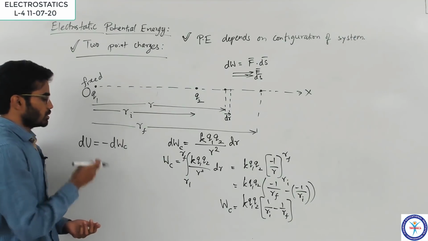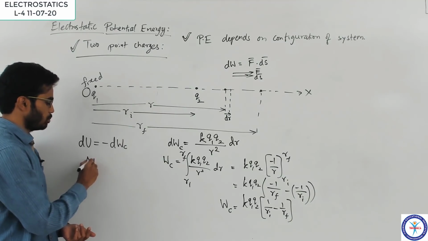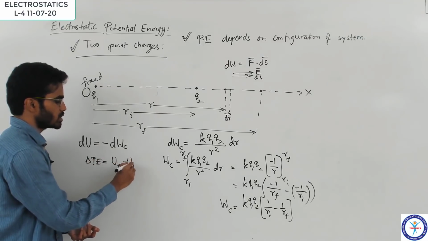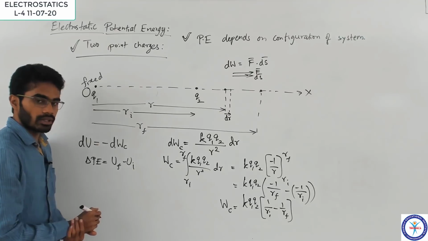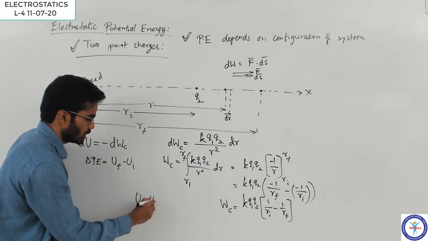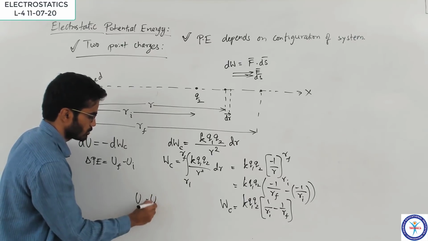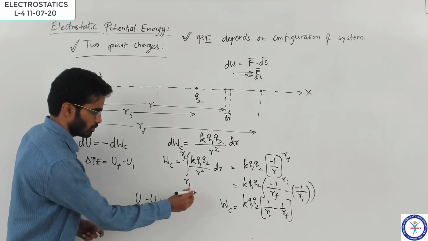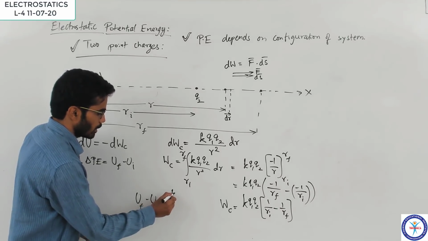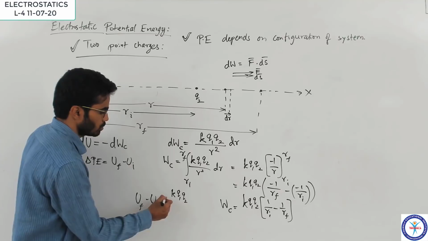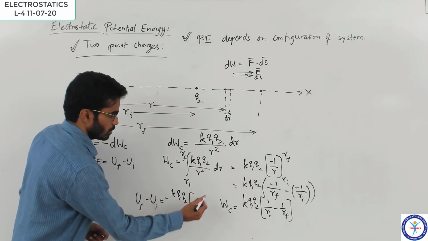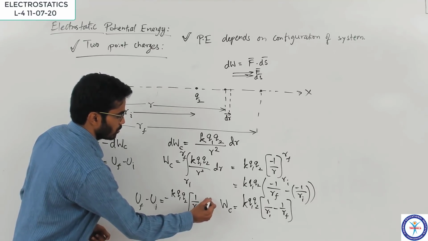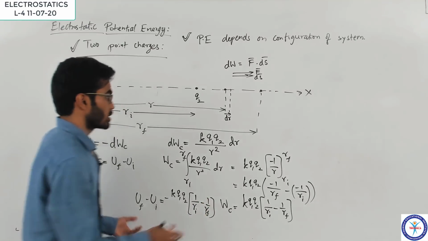So now tell me, what is the potential energy? Delta U. What is the total change in potential energy? U final minus U initial, right? That is equal to the negative of the work done, which is k q1 q2 into minus 1 by ri minus 1 by rf. So let's write it here.